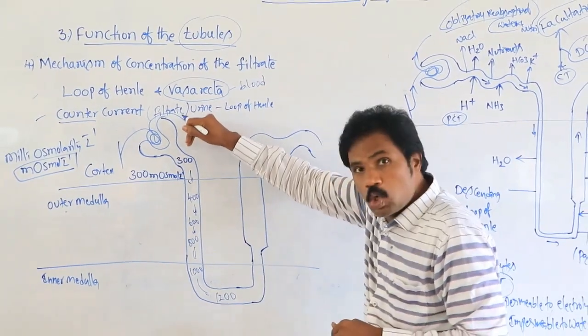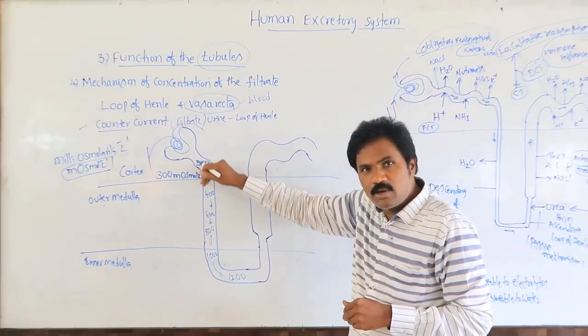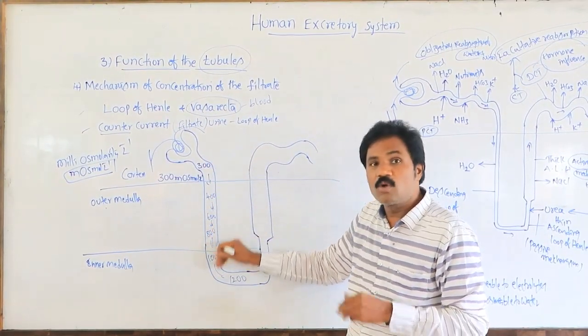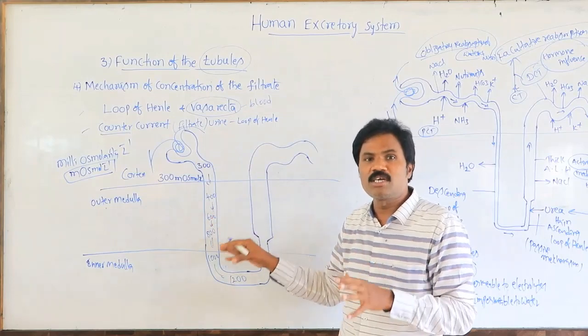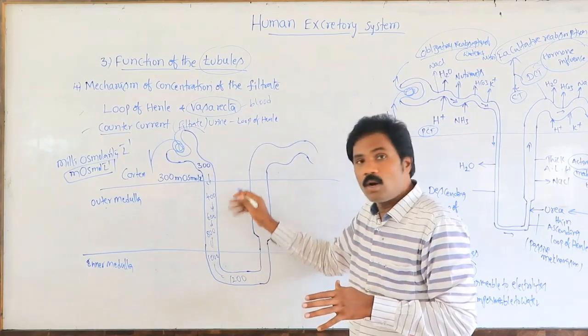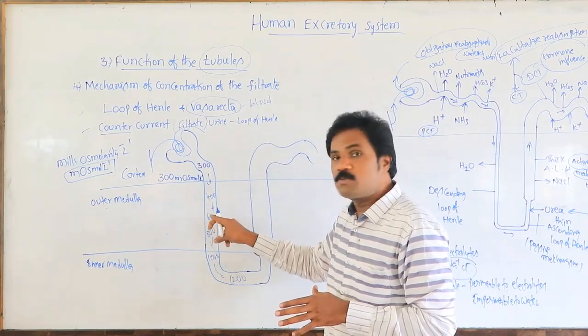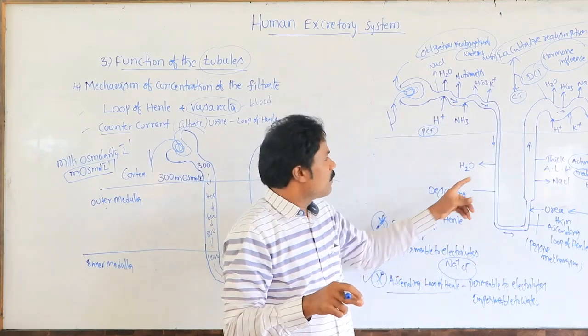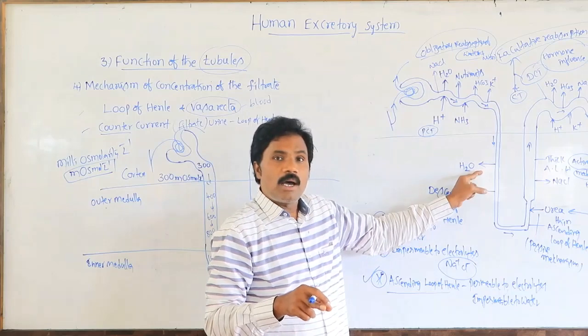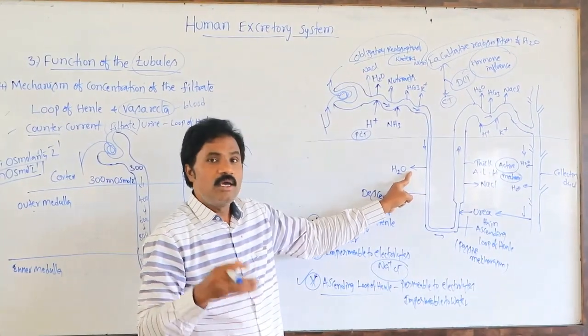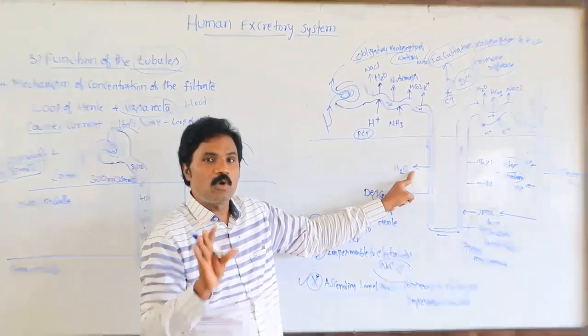While moving towards the descending loop of Henle from the cortex towards the medullary region, why does the concentration increase? Normally there is reabsorption of only water. It is reabsorption of only water, and it is impermeable to sodium chloride.